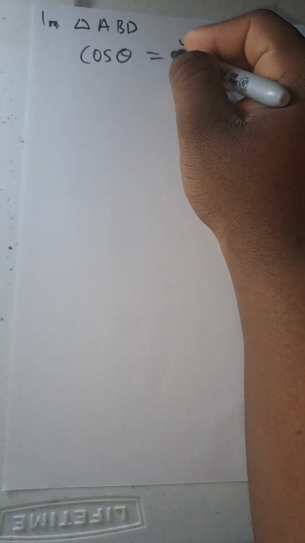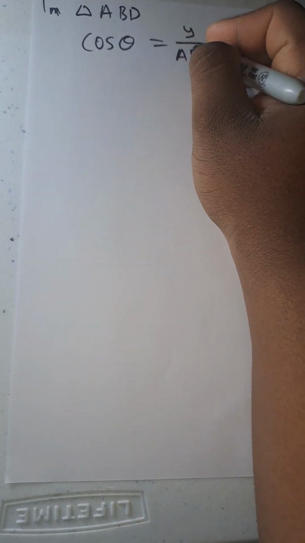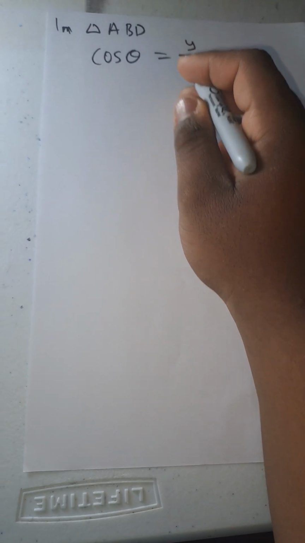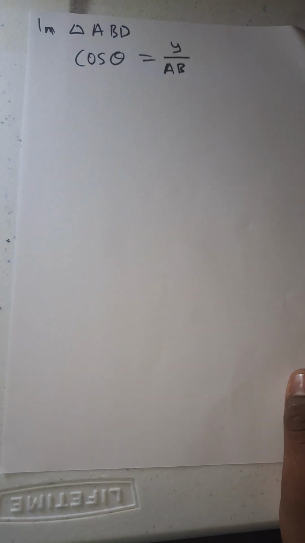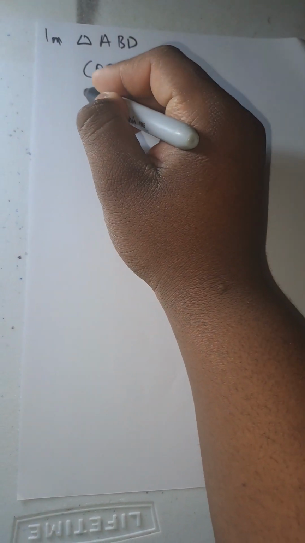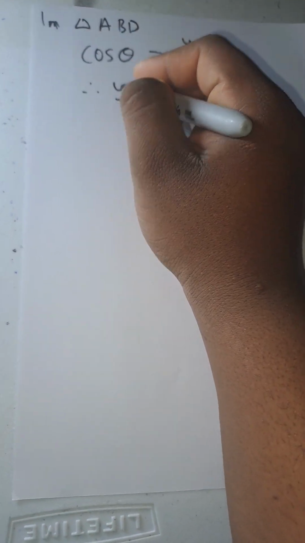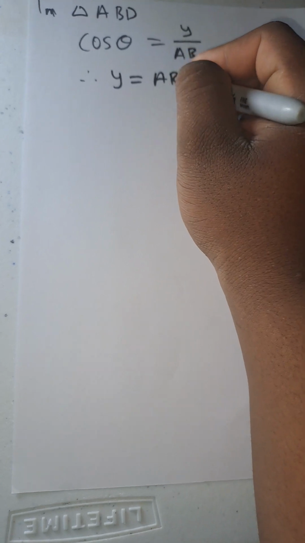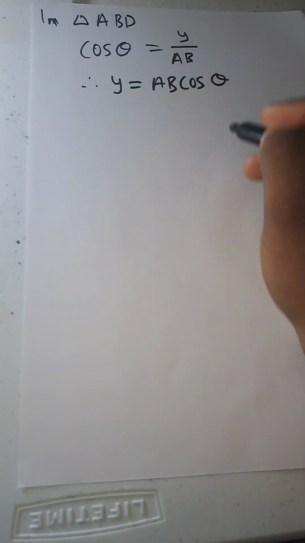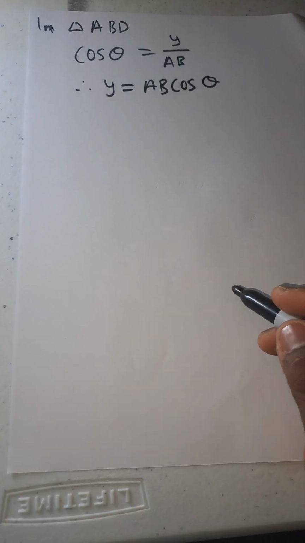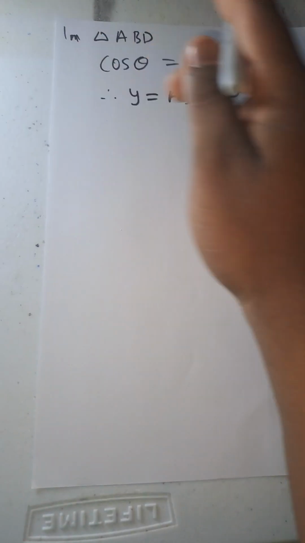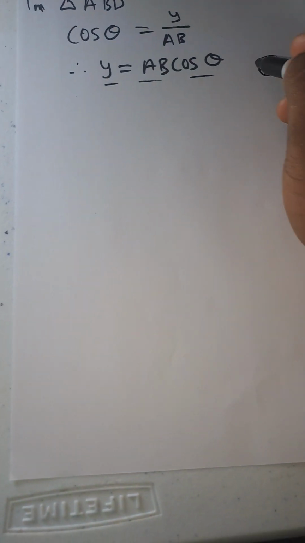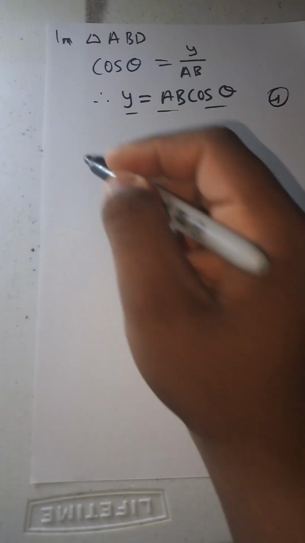So adjacent over hypotenuse. Now I will make y the subject. Therefore y is equal to AB cos theta, because we cross multiply. So this will be your equation 1.